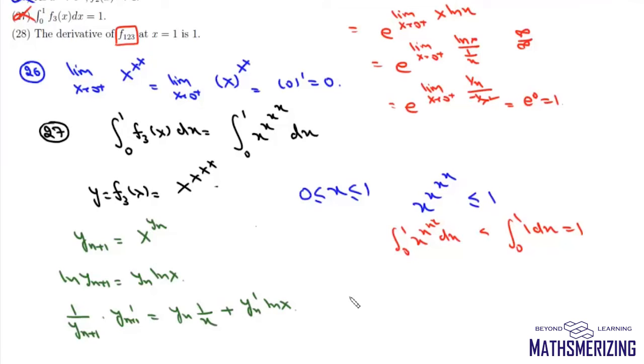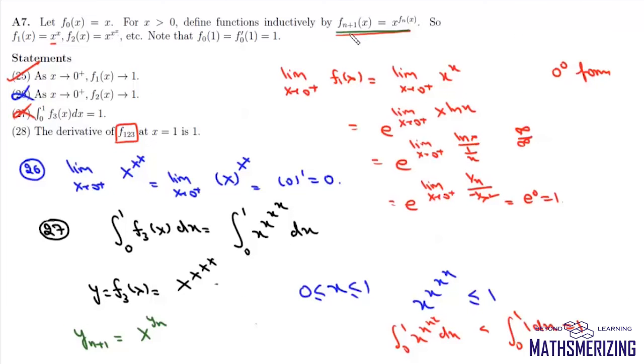So basically derivative of f123 at 1, it will be f123 at 1 into f122 at 1 into 1 plus f dash 122 at 1 and log 1 is 0.